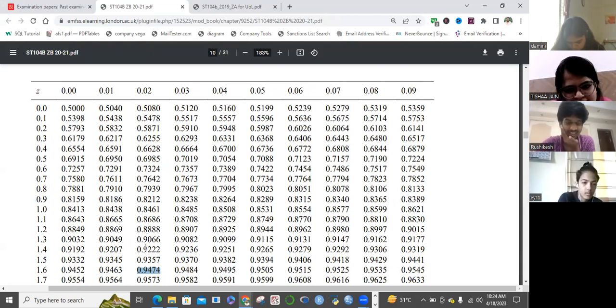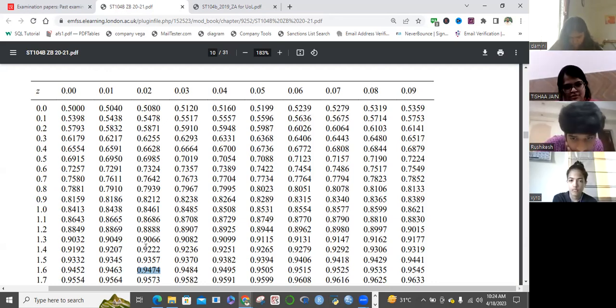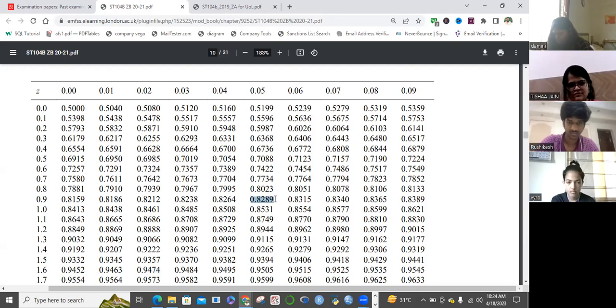Yeah, absolutely. Why not? So first figure out where 0.9 is located. Okay. It is 0.8289. So that is the correct answer.